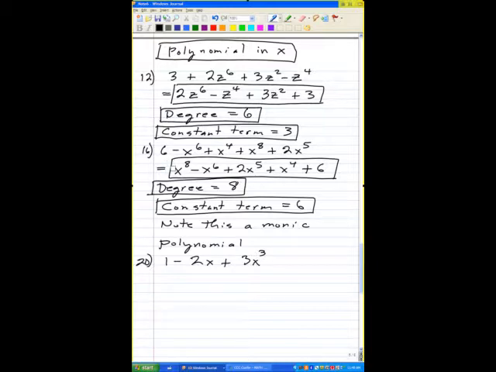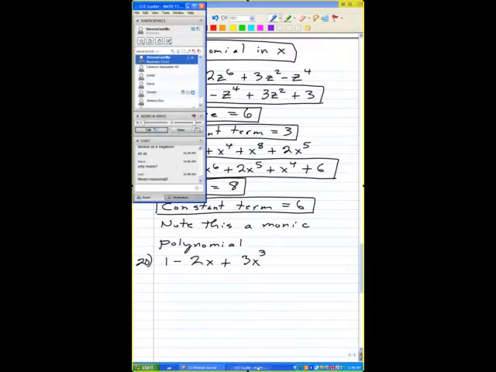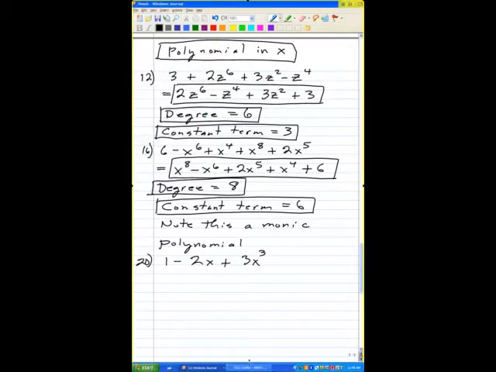Okay. So I want to identify if this is a monomial, binomial, trinomial, etc. No, monic is not a monomial. Those are completely different terms.